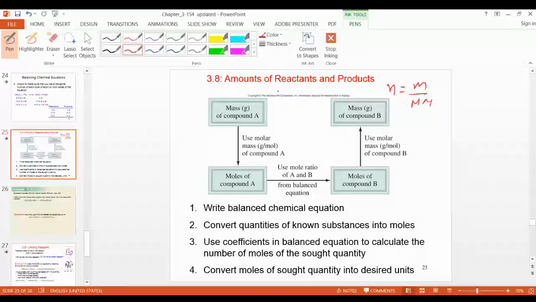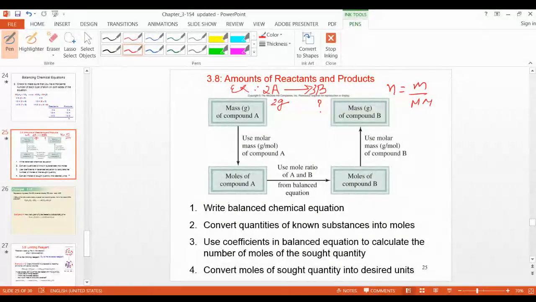Now this is an example of A changing to B. Suppose A is 2 grams. How much B is formed? Suppose the ratio is 2 and 3, as an example.